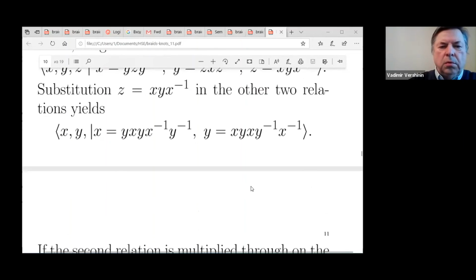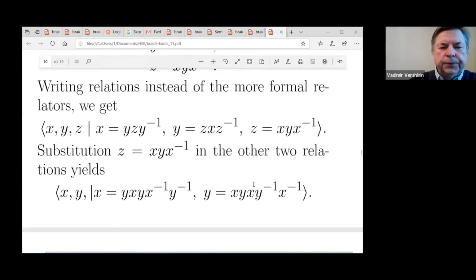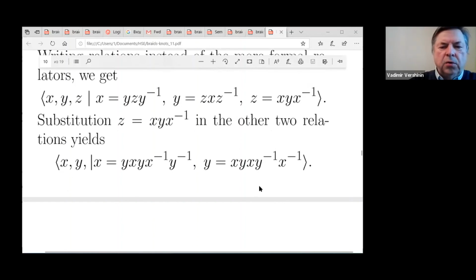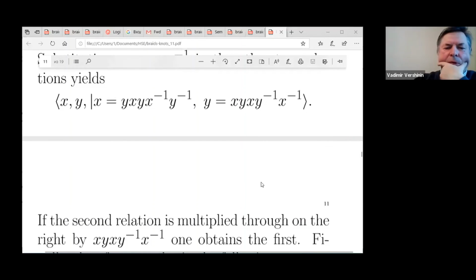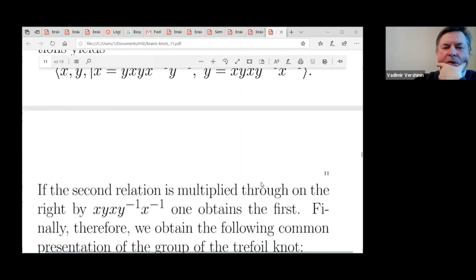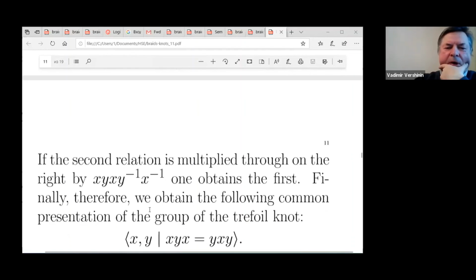Now, how to prove that they are essentially the same. You make the second relation, you multiply by this stuff on the right.